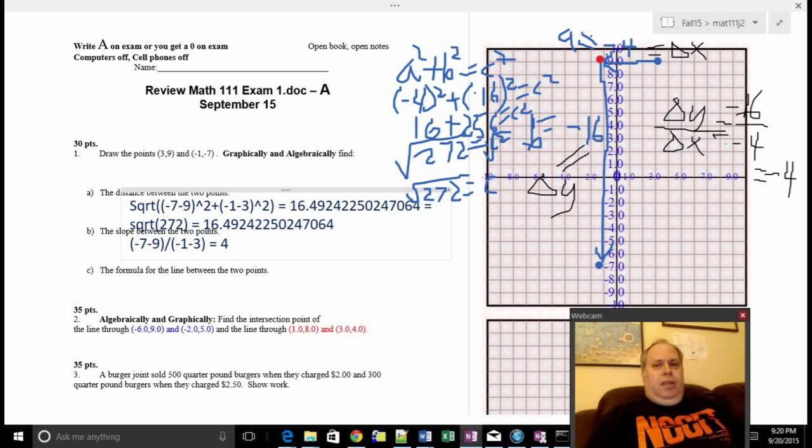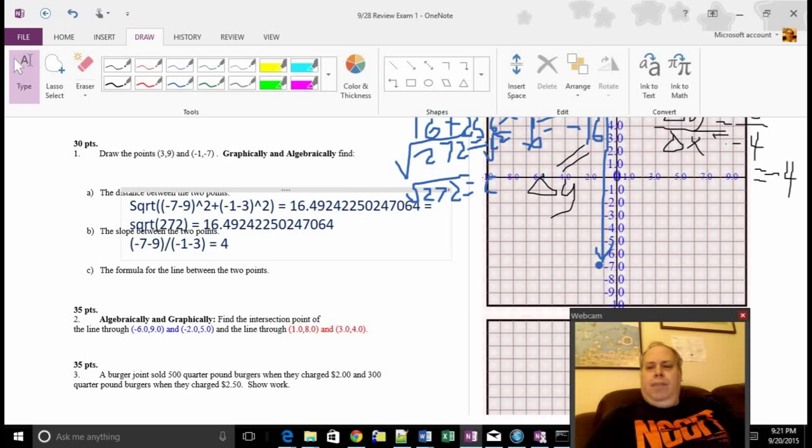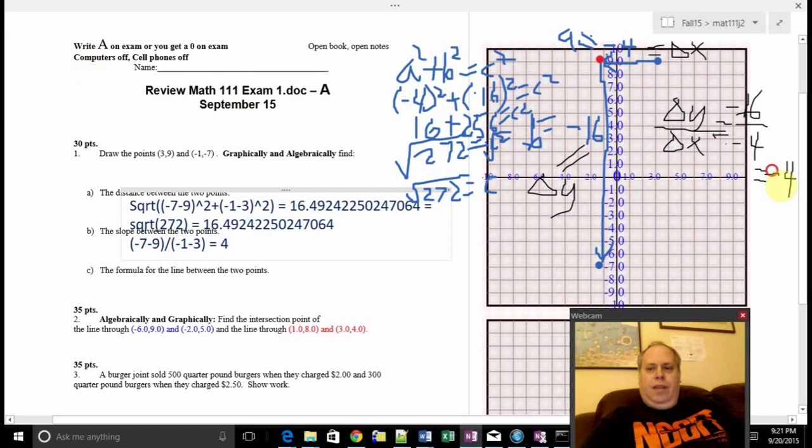So, to check again. Now, I know, oh, it's not negative 4, that is positive 4. So one thing is it didn't check, because I see that's positive 4, and that's because I did my algebra wrong. So I have to erase the negative sign over here.